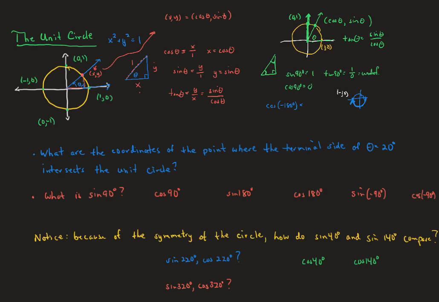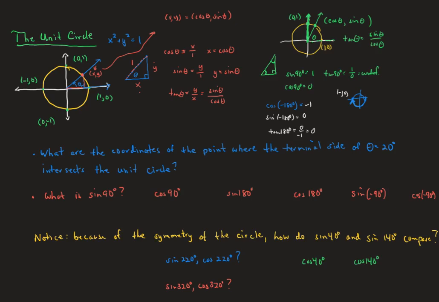The cosine of negative 180 degrees would be the x-coordinate of that point. It's going to be negative 1. The sine of negative 180 degrees would be the y-coordinate of that point, and the tangent of negative 180 degrees would be the sine over the cosine, and that's going to be 0.